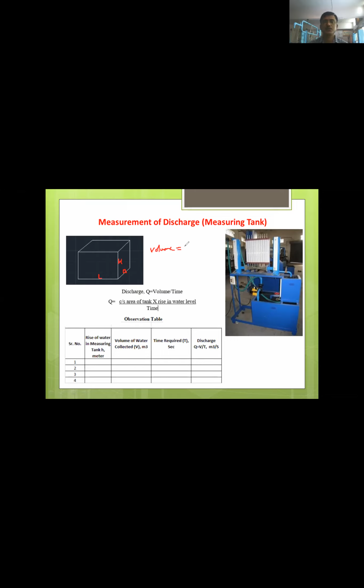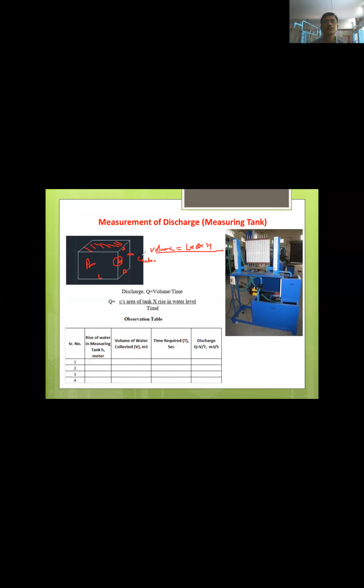Correct. So what will be the cross-section area? L into B, right? This is the length, this is the width. And if I want to find the volume, then I have to multiply it by the height H. This is a parallelepiped, and it can be called a cuboid or cube.